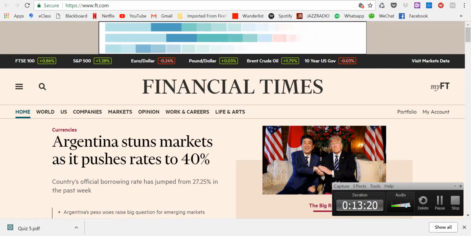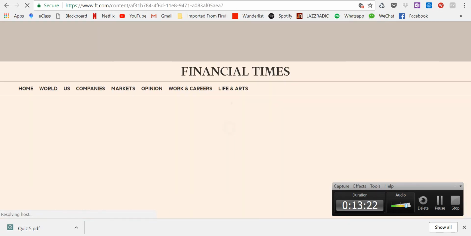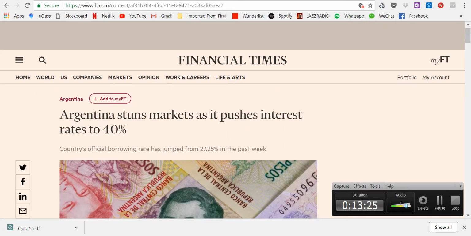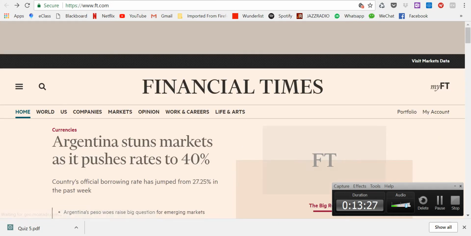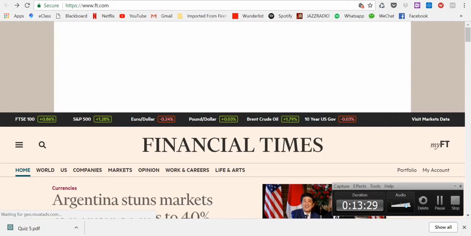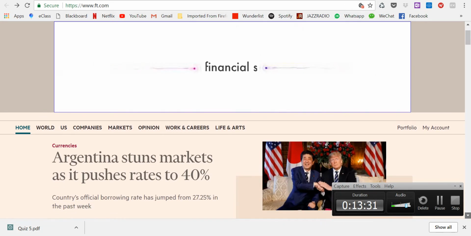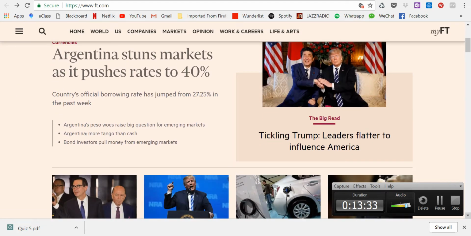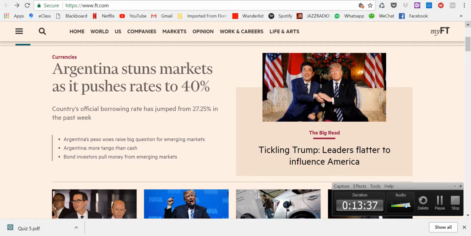So Argentina has decided to jack up interest rates to 40% per annum in order to try to prop up the currency, which is the Argentinian peso, I think.